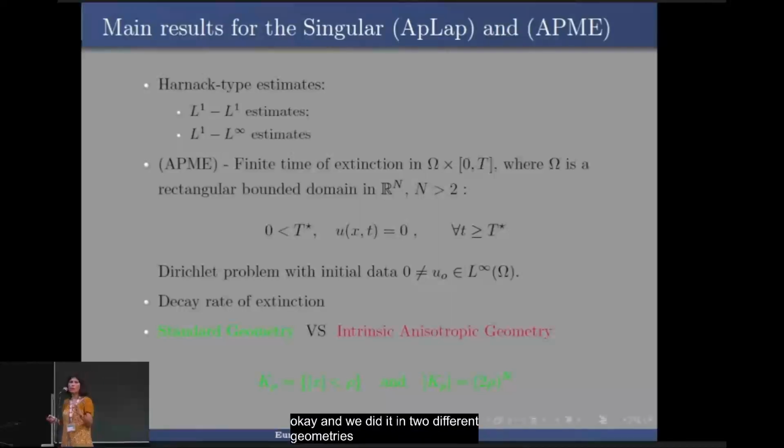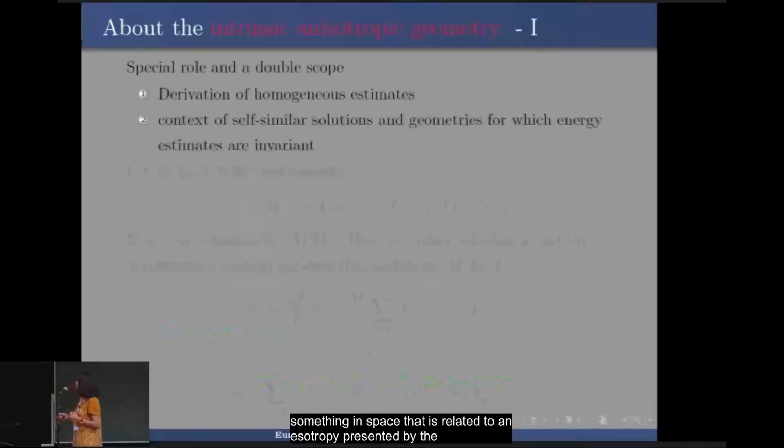The standard geometry, where you use the usual cube, so in space what we have is a cube of radius, in this case rho, and this new intrinsic geometry that says you are not working with such a cube, you have to do something in space that is related to the anisotropy presented by the equation.